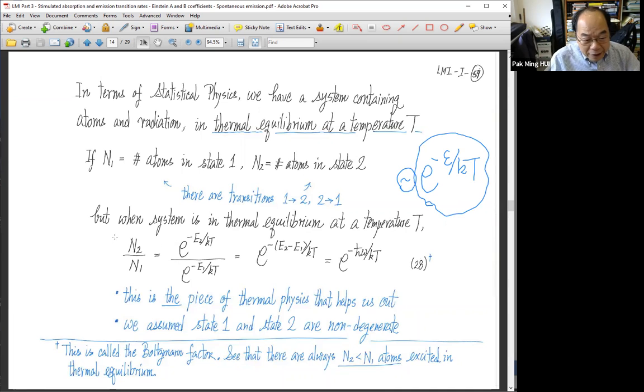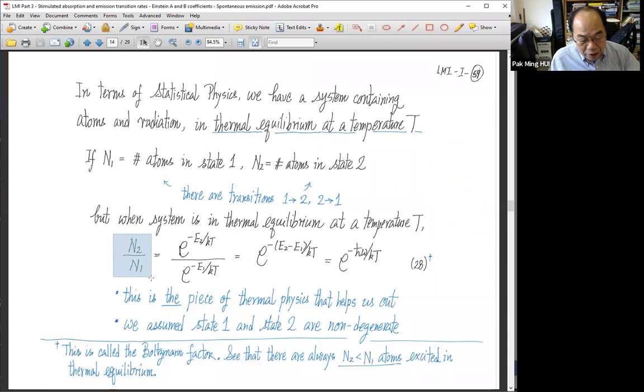Therefore, the number in state 2 will be proportional to this factor. The number in the lower state N1 is also proportional to this number. If there is a prefactor, they appear here and cancel off. So I don't need to even worry about that. And therefore, we have the only piece of thermophysics we needed.